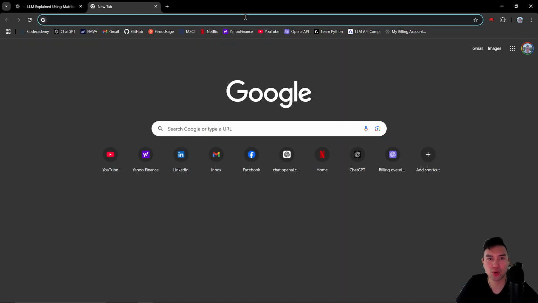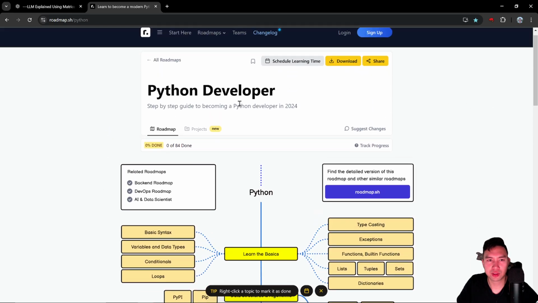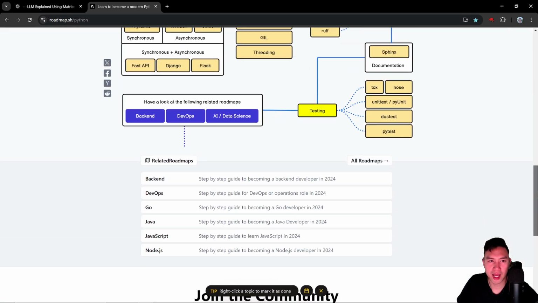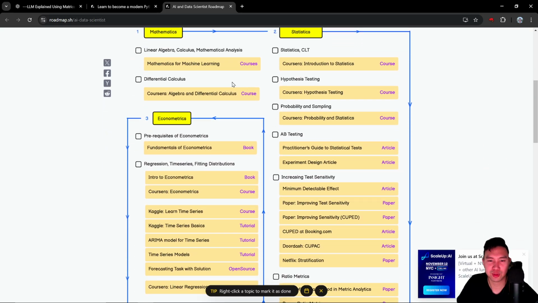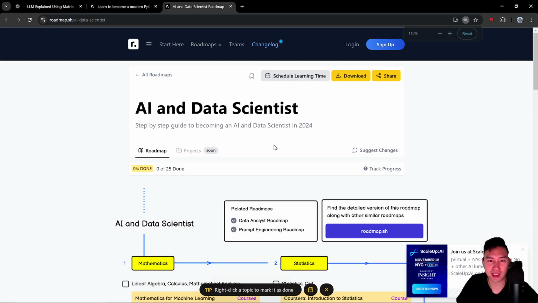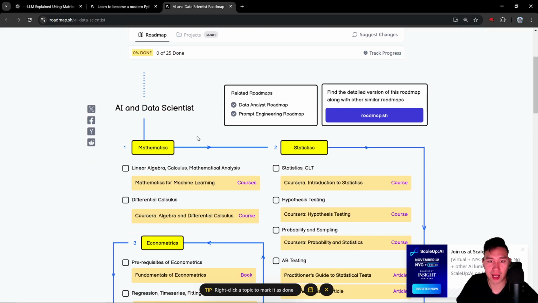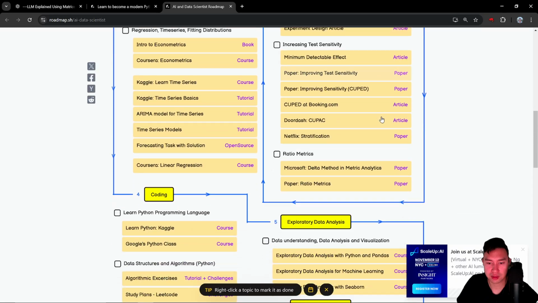So why did I go into this? The reason is that I've been going through this Python developer roadmap, and then I went into the AI and data science roadmap, and the first thing it went through before you even touch any code, right? So this is the AI and data science roadmap that I'm going through: math, stats, econometrics, coding.